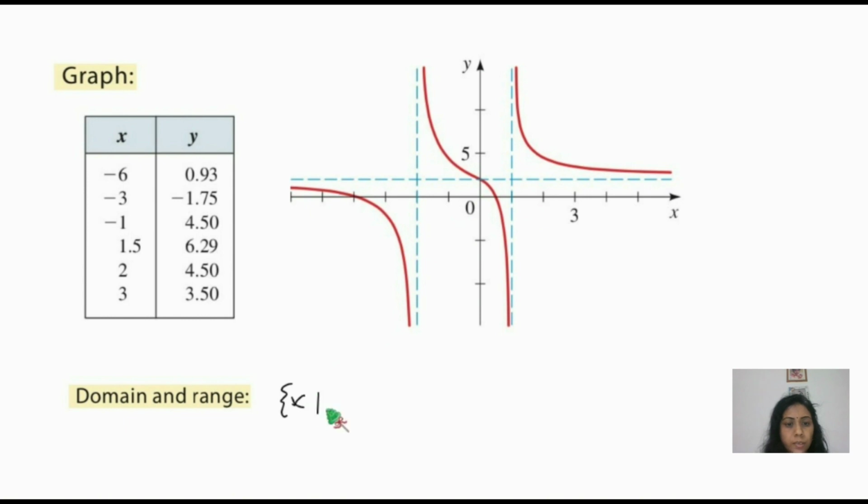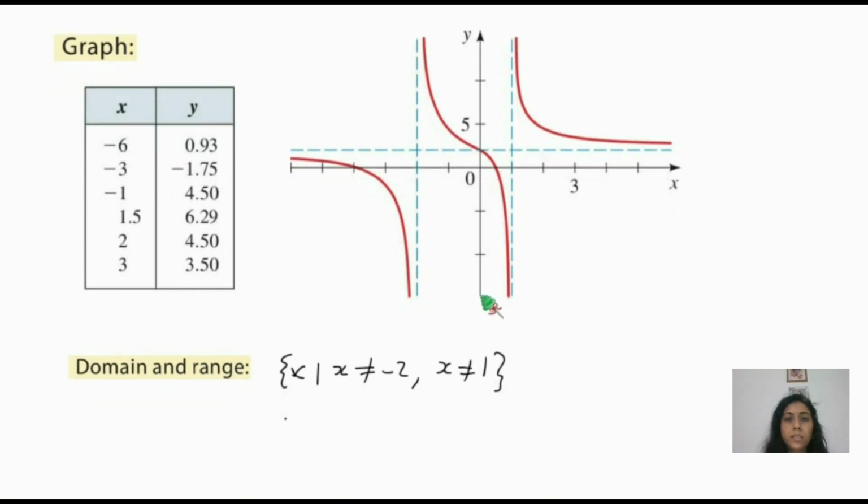So x such that x is not equal to −2 and x is not equal to 1. And you can see in the graph, the range is all real numbers. Okay, so the domain is this and the range is this, all real numbers.